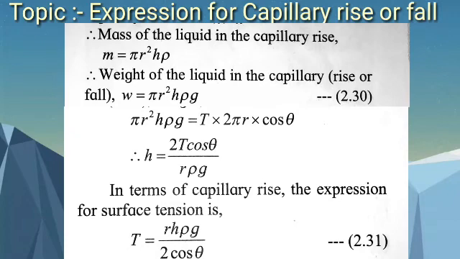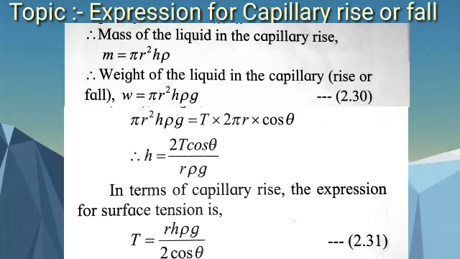To find the value of h, the remaining terms are shifted to the right hand side. After cancellation of pi and one r, the equation becomes h is equal to 2T cos theta by r rho g.